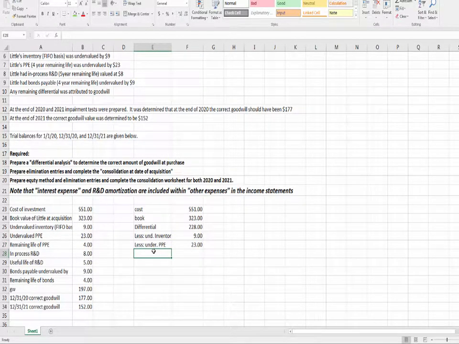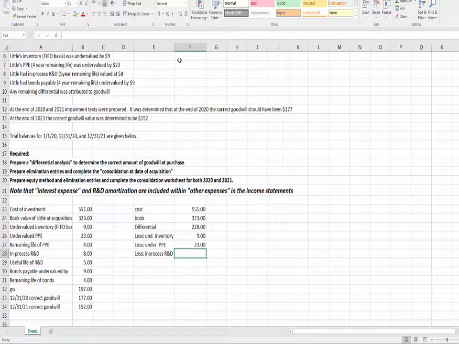We've got some in-process R&D. And again, that's not reported at all on the trial balance, so that's essentially an unreported, which means it's undervalued, an undervalued asset. So we'll go plus that. And then finally, we have some bonds payable that were undervalued.